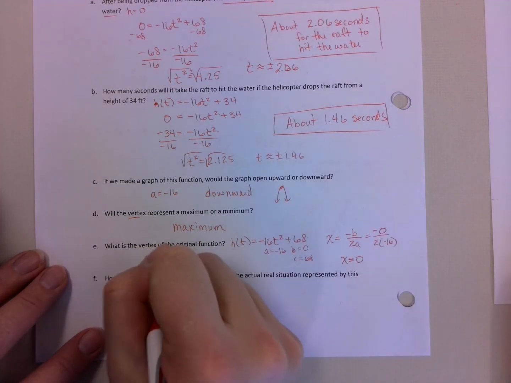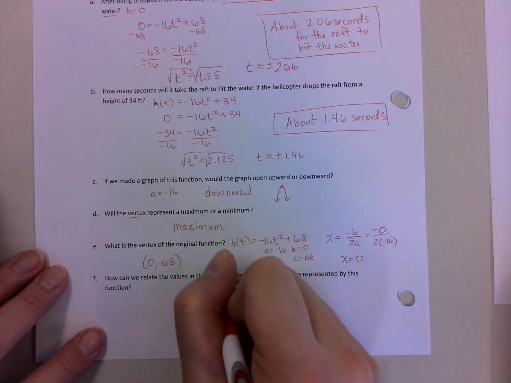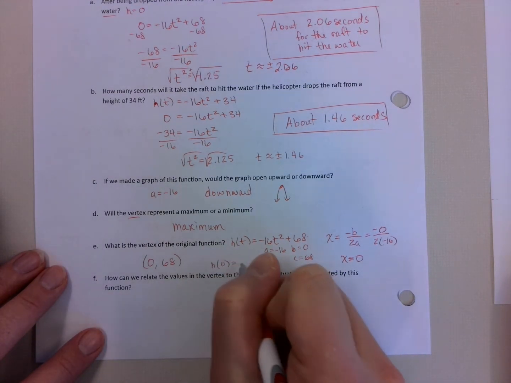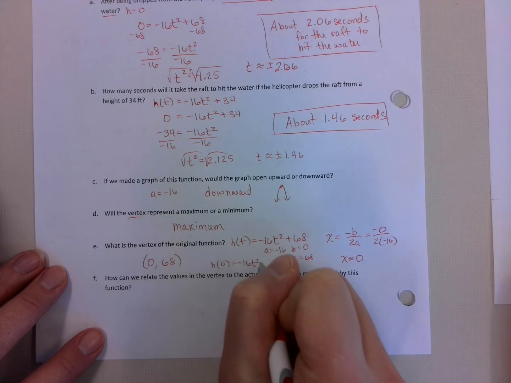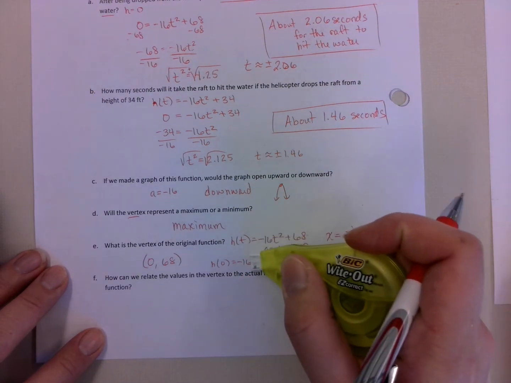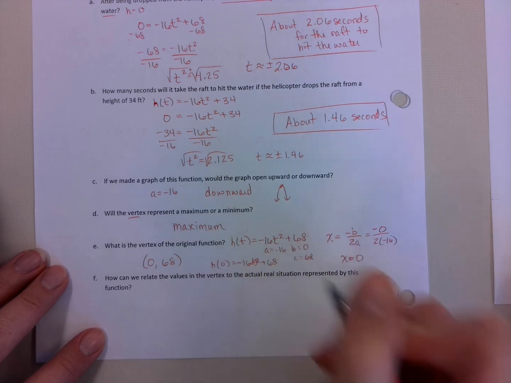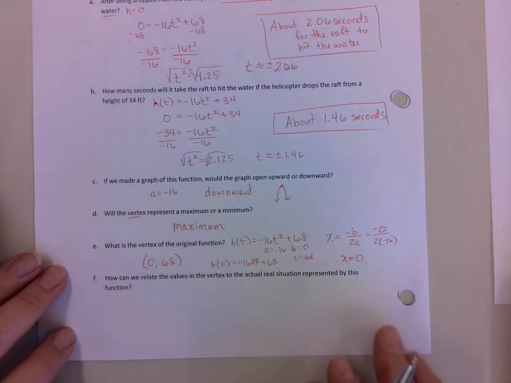So the vertex would be 0, 68, because h of 0 is going to be, whoops, I forgot to put the 0 in there. h of 0 is going to be 68. So that's my vertex.